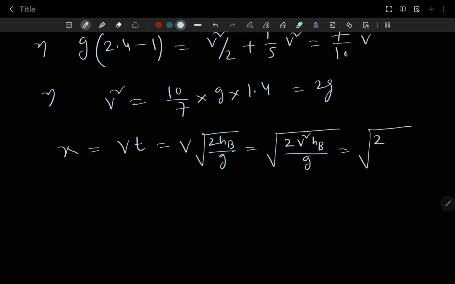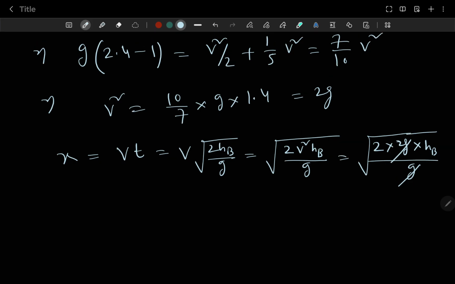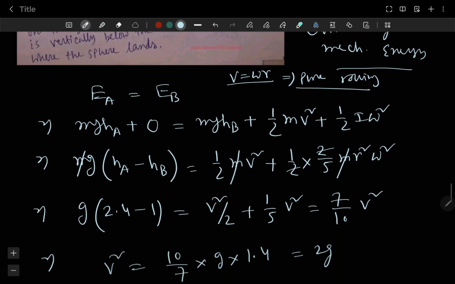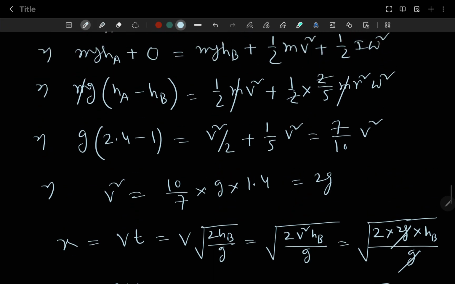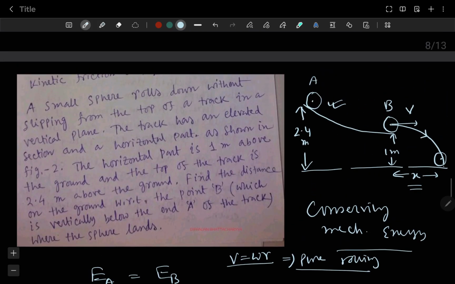So it will be 2 into 2g into hb by g. So g and g cancels. hb is 1, right? So it is root 4, that is 2. So x equals 2 meters. Okay, is the answer.